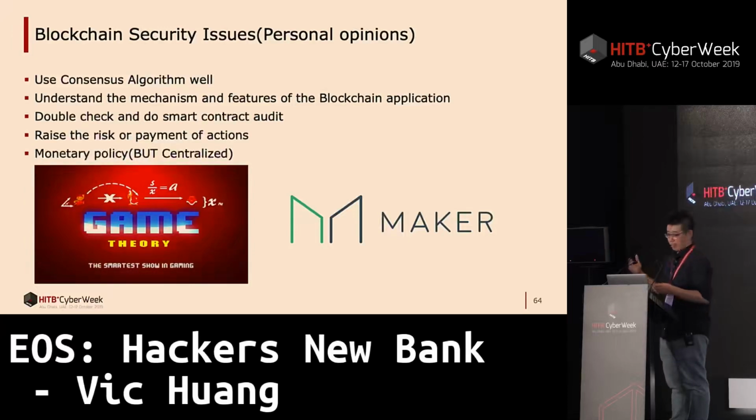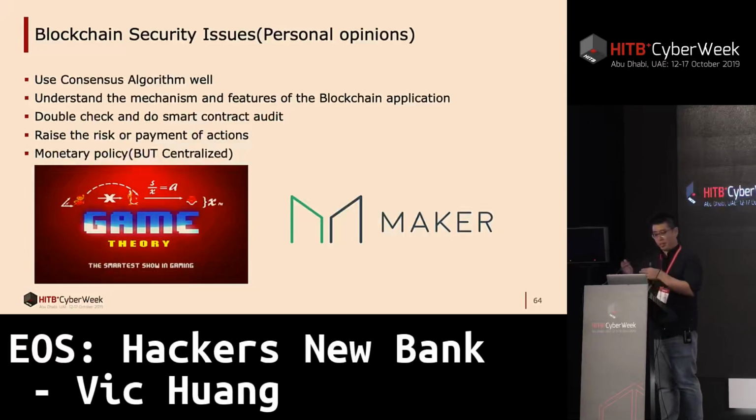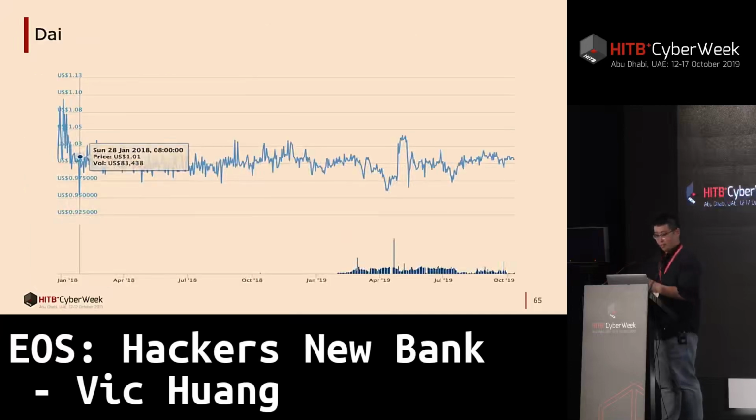And the last one is monetary policy, meaning the interest rate adjustments, like rate up or rate down in real money, but actually it's centralized. But we have a good example of this on the blockchain, named Maker or MakerDAO, and its currency is named DAI.